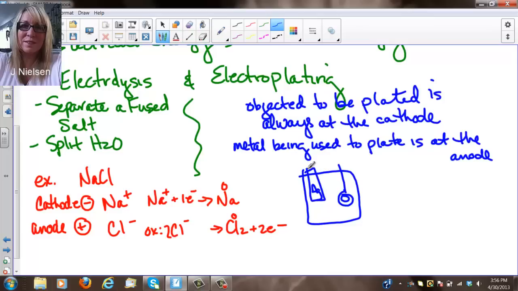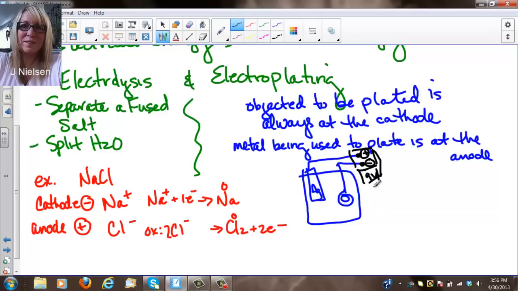So both of these are going to be hooked up to a power source, okay, which is going to be a battery. Here's like my 9-volt battery, okay? So this is going to be the cathode, which is going to be my negative, and this is going to be the anode. This is going to be my positive.